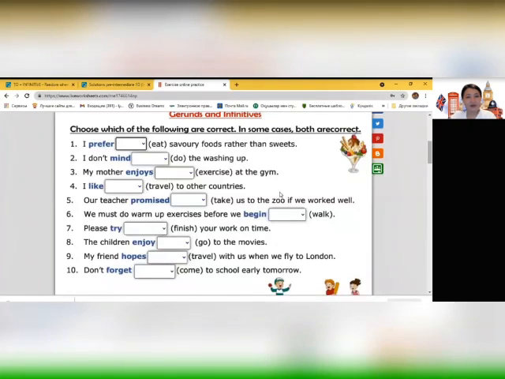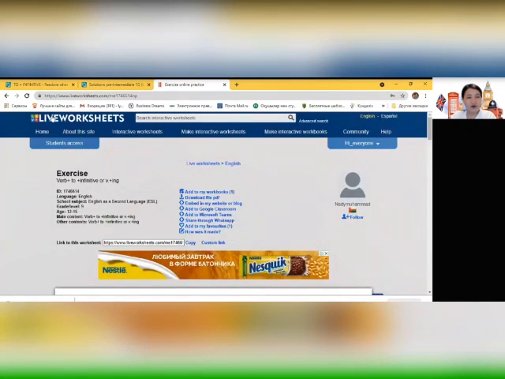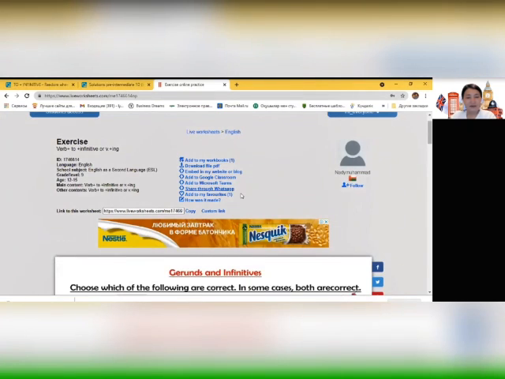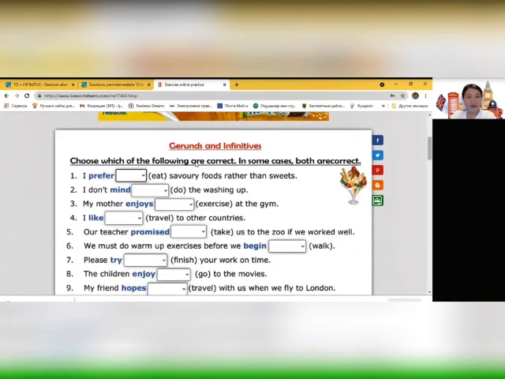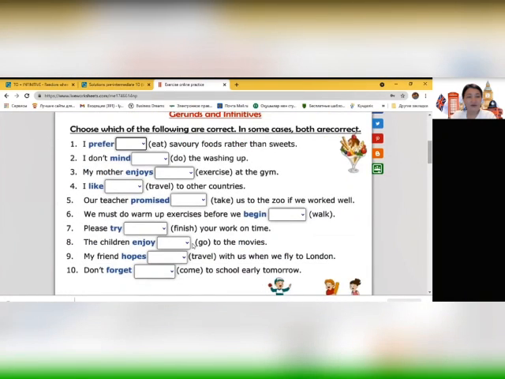And the next task will be from Live Worksheets. Here we have ready worksheets, or you may make interactive worksheets yourself. Gerunds and infinitives. We have to choose the correct word. For example, I prefer eating savory foods rather than sweets.